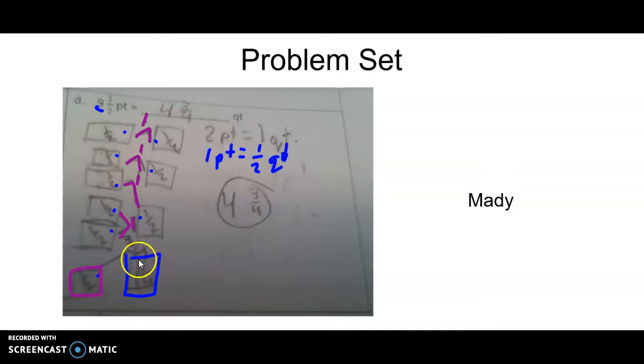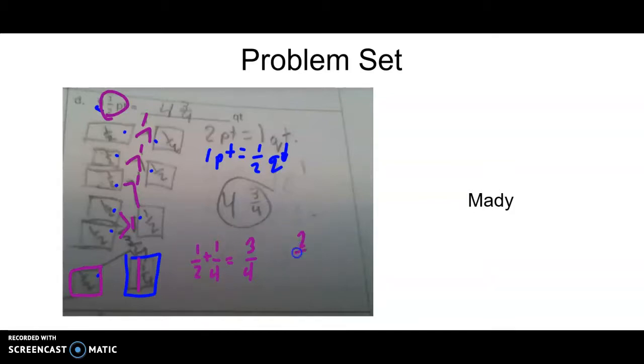She knows that she needed to take half of this other model, right? Because really she only needs half of it up here in the original problem. So half of a half is really 1/4, and she labeled 1/4. So she has a half plus 1/4, and she came up with 3/4, making this an equivalent fraction of 2/4.